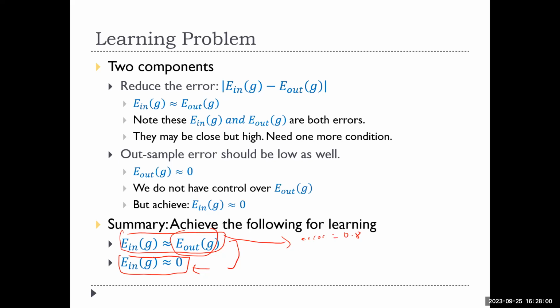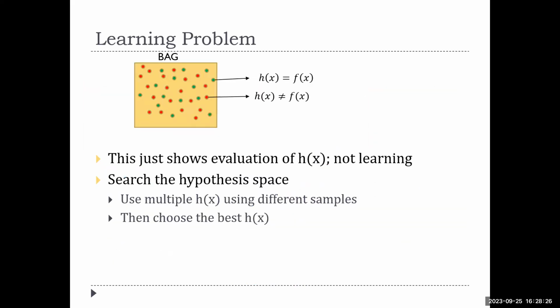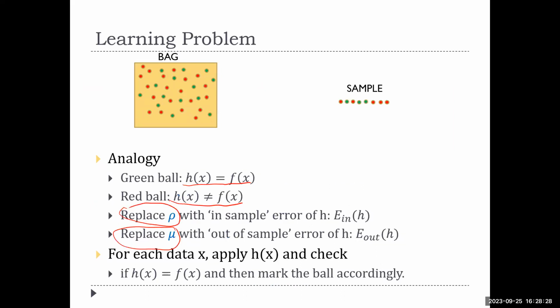Does this algorithm work for any kind of problem, or is it just for binary problems like yes and no? It can work for any type of problem. Conceptually, I presented it that way, but if you look at this, what is a green ball?